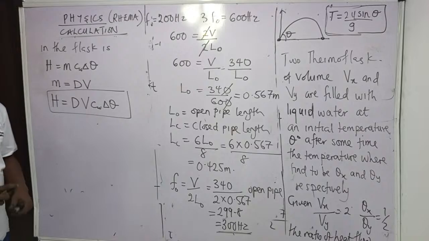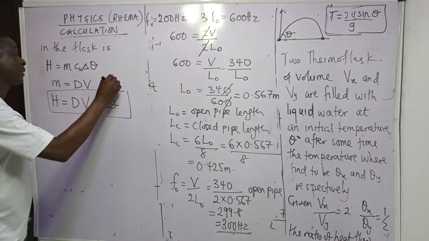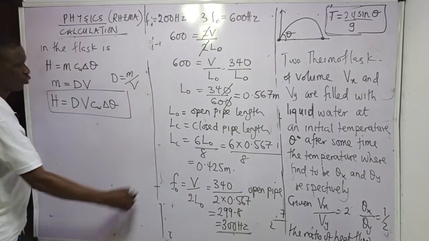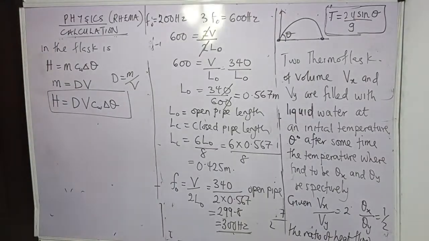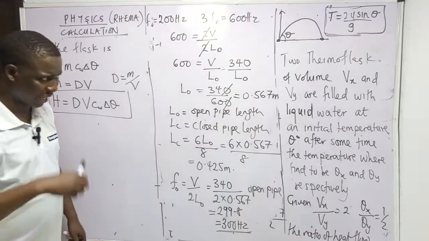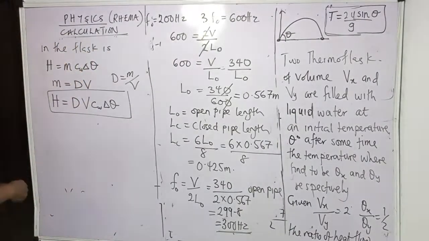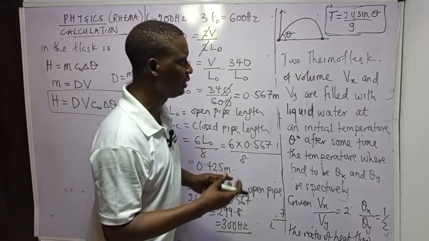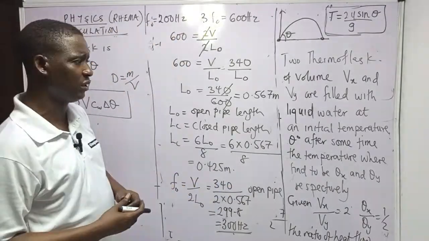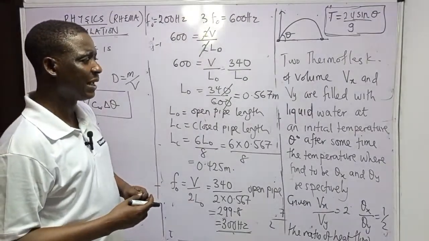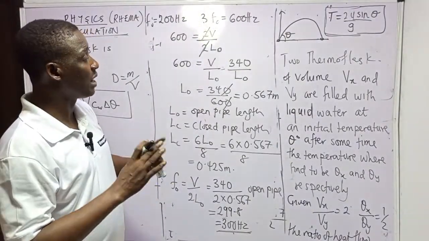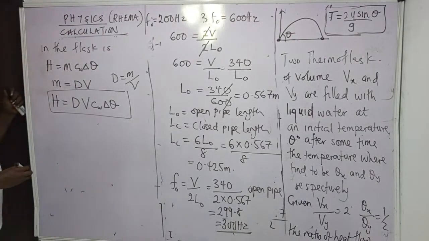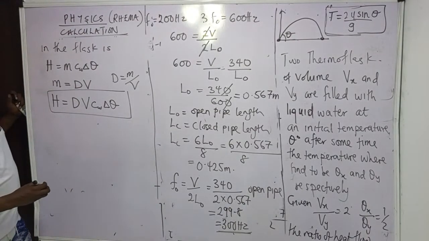Now, this formula is not too common. Don't forget your formula that density equals mass over volume. Very important. Now, the two flasks, Vx and Vy, are filled with liquid, and we are going to assume that the density of the two of them is the same.